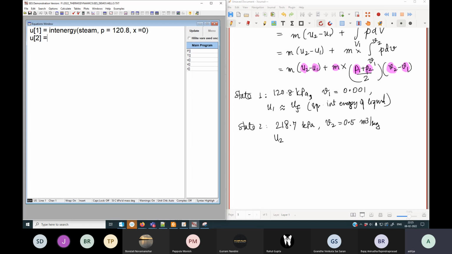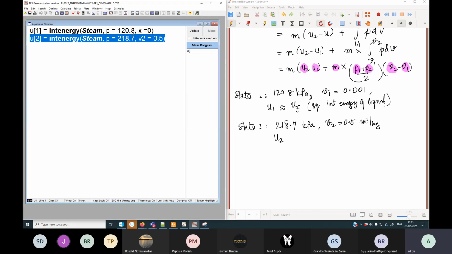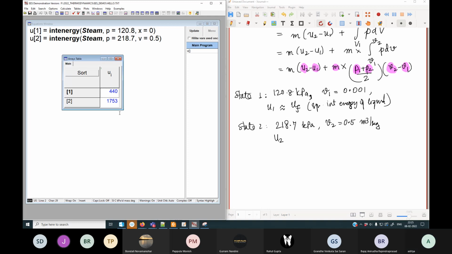U2 would be IntEnergy steam, P equal to 218.7, v2 equal to 0.5. Just run this. Obviously, we have encountered an error. That was a noob mistake.